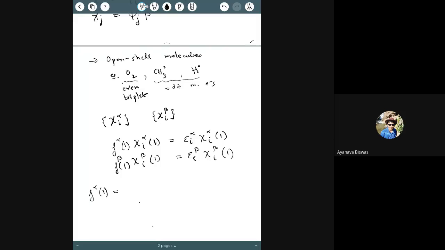So you have the one electron part, which does not depend upon whether the electron is alpha or beta. It is just the kinetic energy and the nuclear attraction. That has no alpha or beta label. Then, so what does the Fock operator represent? It represents the interaction of electron 1 with the other electrons.